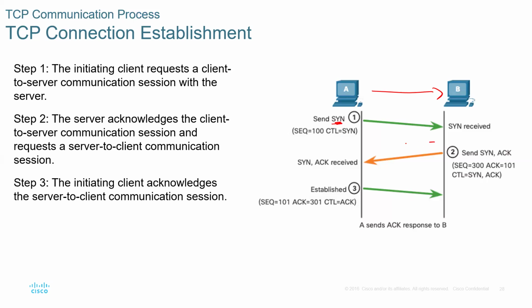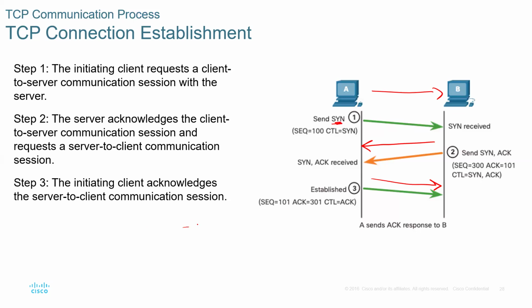Then the server responds with the SYN-ACK saying, I've received your request and I'm also ready to establish a connection with you. Then the client responds, okay, let's work out a connection so that we can communicate. Basically, connection establishment is an exchange of synchronize and acknowledgement messages so that a session is established.